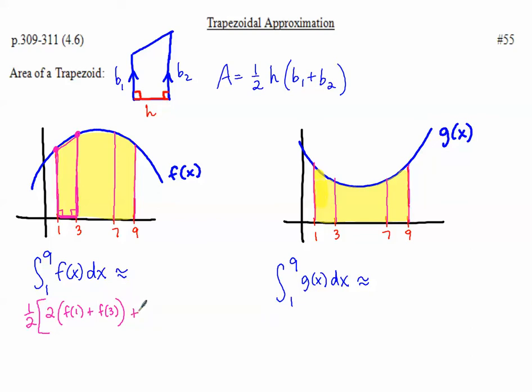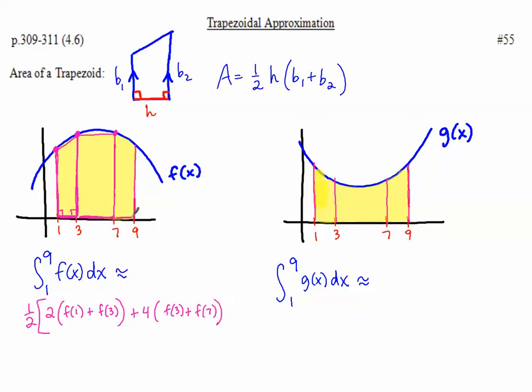Add that to my second trapezoid. Well, this time the distance between 3 and 7, that's 4. And base 1 is plugging in 3, base 2 is plugging in 7. So plugging in 3 looks like this, f of 3. Plugging in 7 looks like this, f of 7.